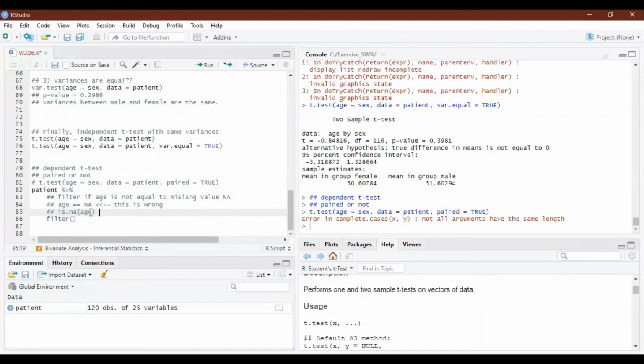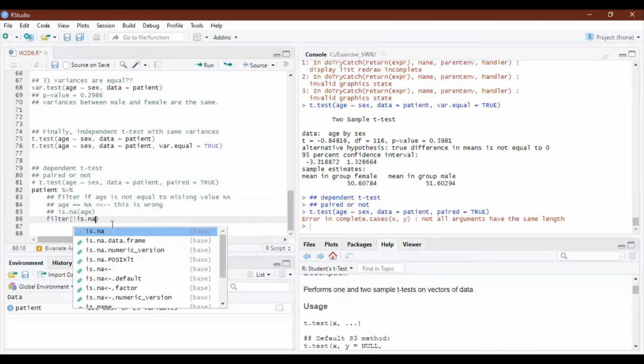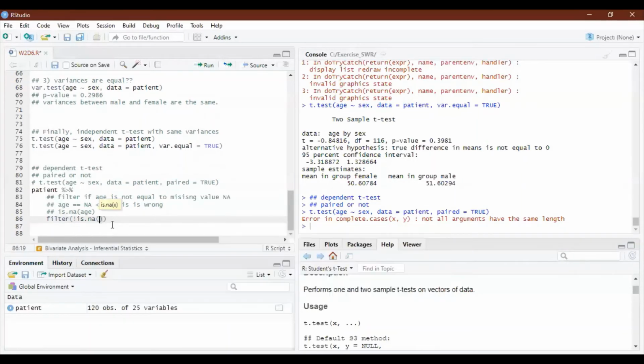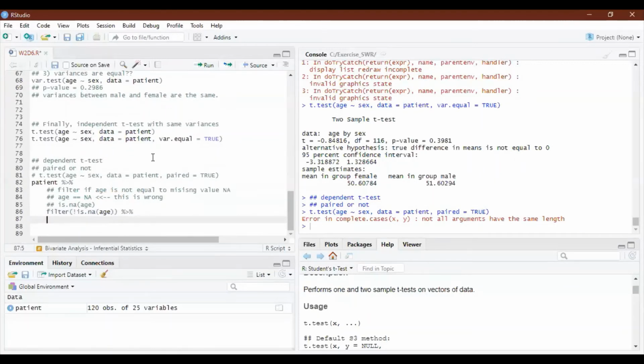But when we do not want missing values, we put the not symbol. So we filter for age not being a missing value. So this will remove the missing age, and now we can use the t.test.